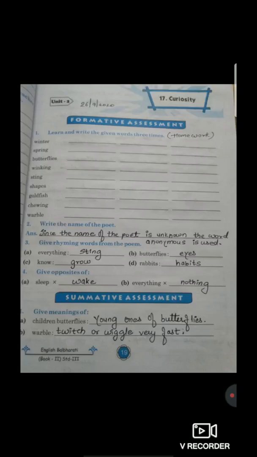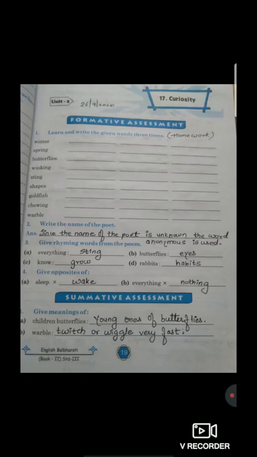Learn and write the given words 3 times. It's a homework part. You can see some new words are there, and you have to write them 3 times. Let's see which are those words.